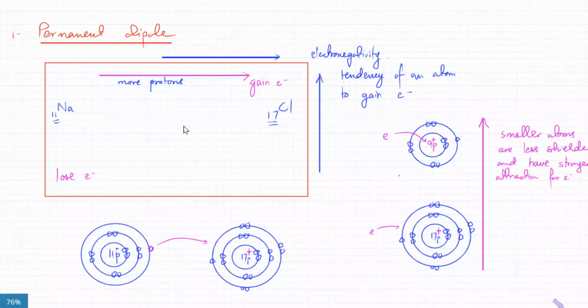In permanent dipoles, we discussed that atoms become more electronegative when you move towards the right, especially this corner. When you move to the right, you got more protons, so there's more attraction for electrons. And when you move up the group, you got a smaller atom which is less shielded, so it's going to attract its electrons more strongly.